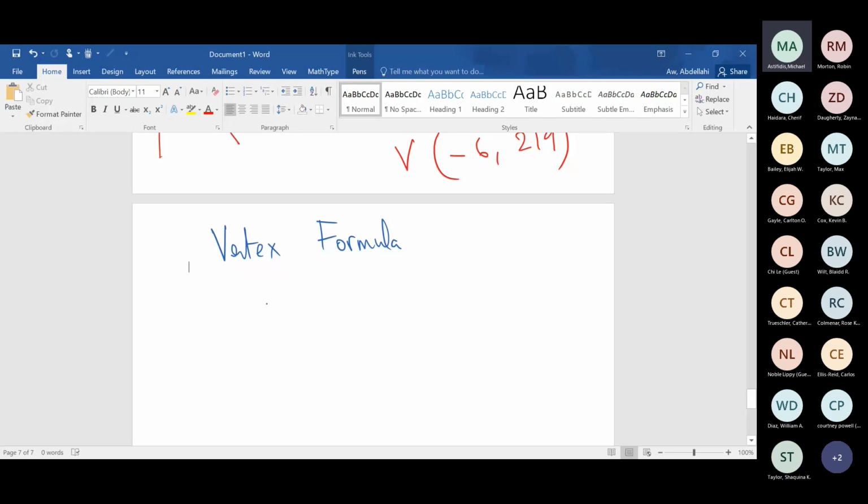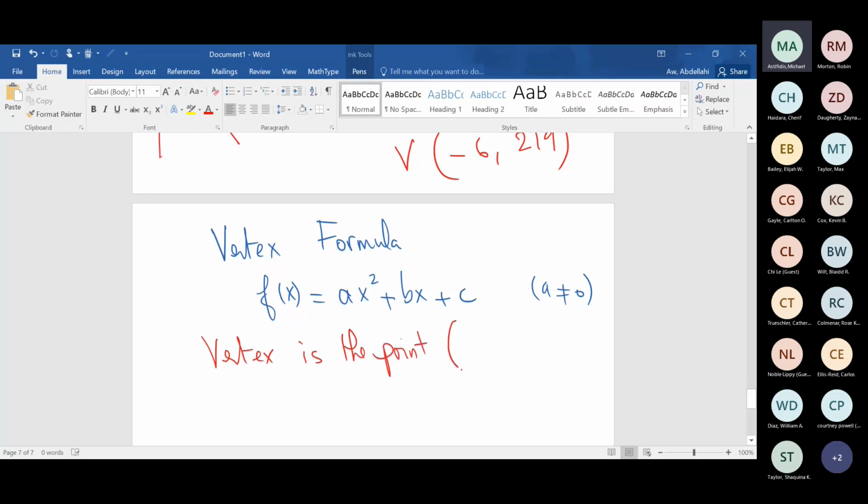So if f of x equals ax squared plus bx plus c, where a is not equal to 0, the vertex is the point (negative b over 2a, f of negative b over 2a).